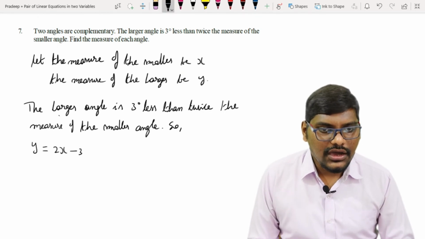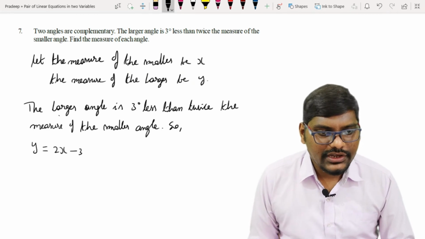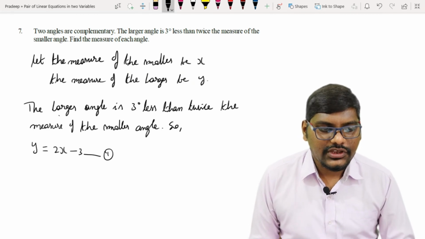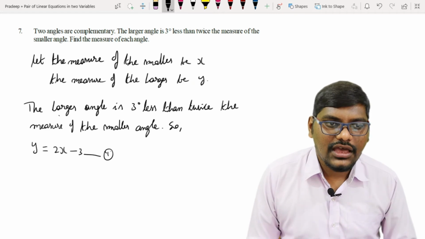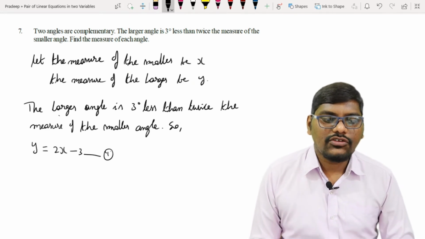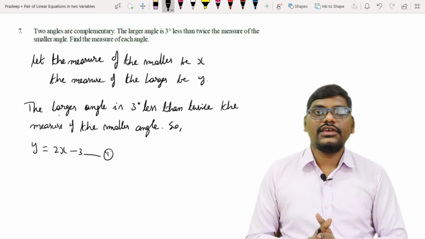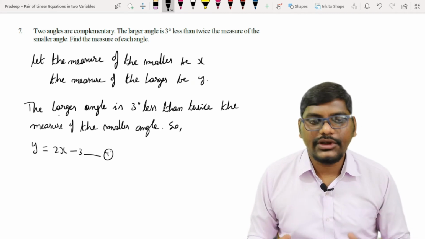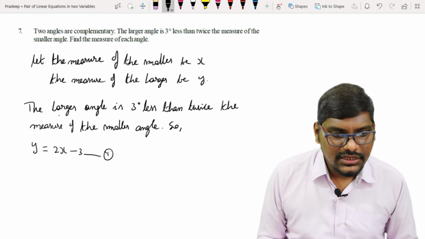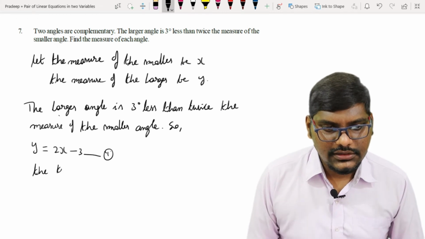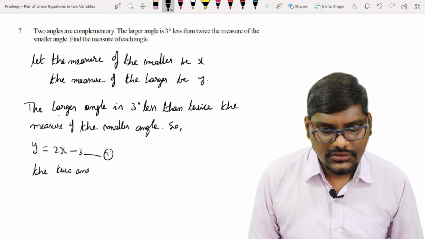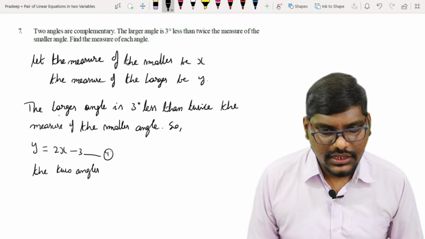So according to this we can take this as the first equation. Now they are saying they are complementary angles. What are complementary angles? If the sum of the two angles is 90, we say those angles are complementary. So we'll write the same here. The two angles are complementary.